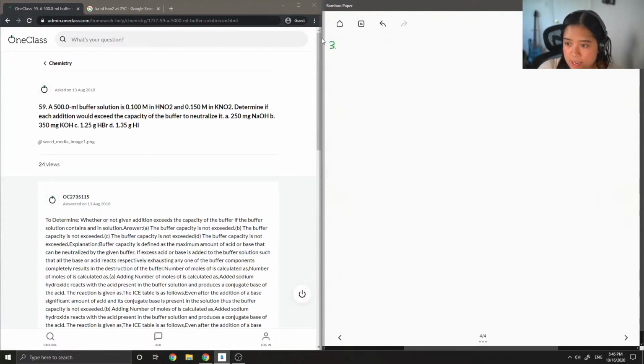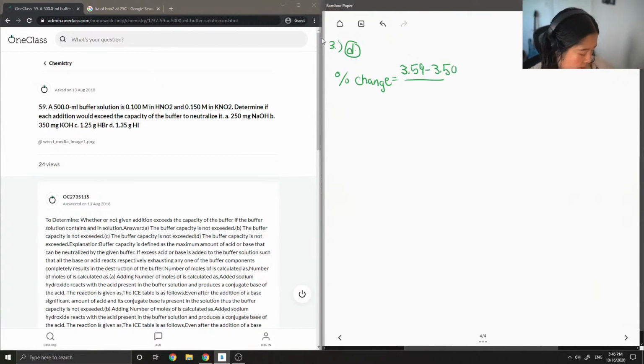I'm just going to add what you would do if you wanted to calculate that difference. So we're going to do something called percent change, just to quantify how much the pH changed by. So it's going to be our final minus our initial over the initial times 100.